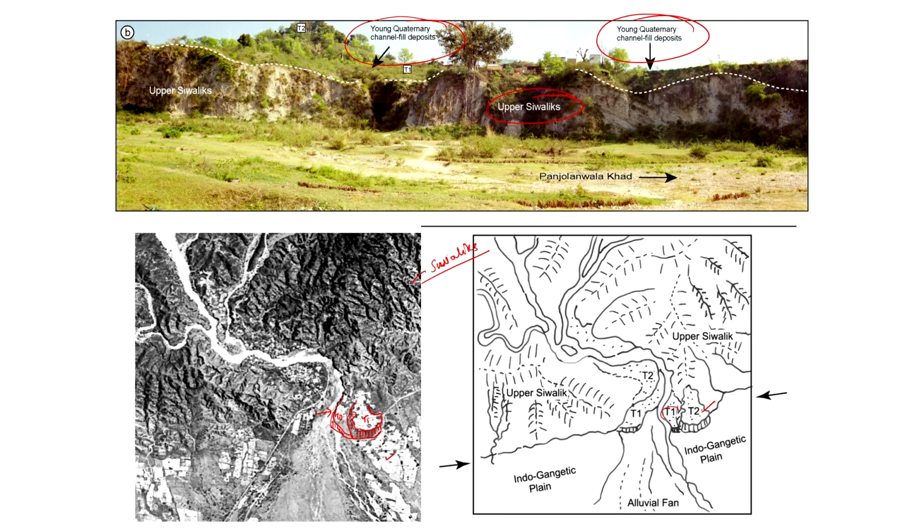This is a younger terrace and this is the older terrace. The arrows marked here show the Himalayan Frontal Thrust. It is the seismically most active region on this planet, and also marks the tectonic boundary between the Indian plate and the Eurasian plate.